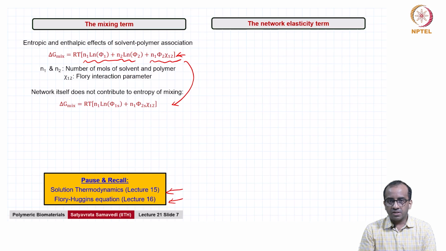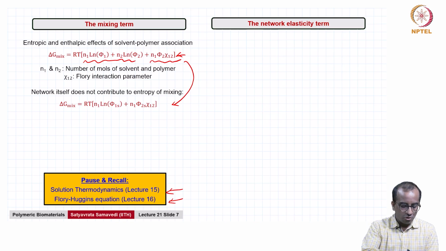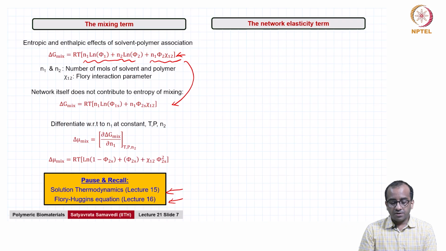Now because we are dealing with chemical potentials, all you will have to do is differentiate this with respect to the number of moles to get an expression for mu. And the way you would do it is simply differentiate with respect to N1, where this is due to the quote unquote dilution of the network because of water entering, where the subscript 1 represents the water or the solvent, at constant temperature, pressure, and N2 for a fixed number of moles of the component 2, which is the polymer network here.